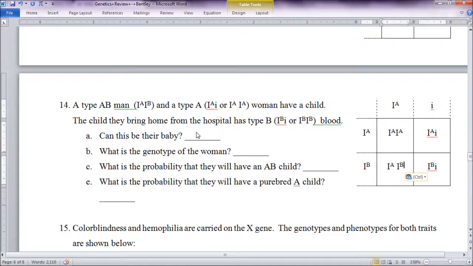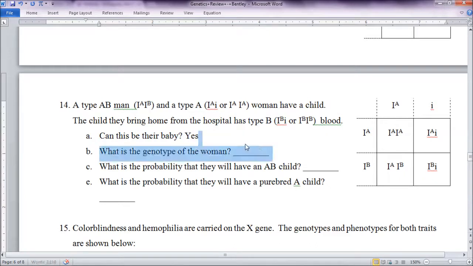Interesting genotyping. So, can this be their baby? Yes, definitely a hard problem though. What is the genotype of the woman? The genotype of the woman, based off the baby, assuming it's their baby, assuming they didn't accidentally pick the wrong one, is that the woman must have that first genotype with the I.